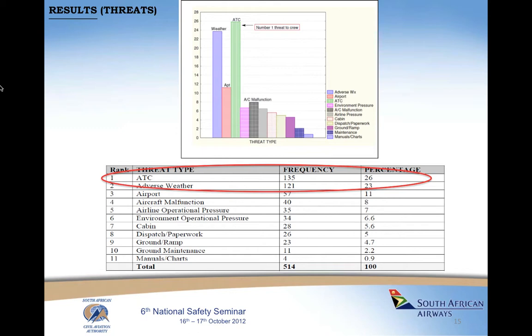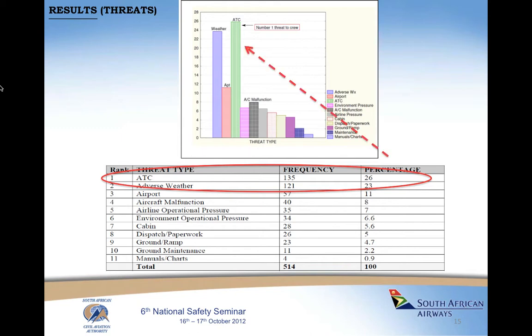This includes challenging clearances, late changes, ATC errors, language difficulty, non-standard phraseology, radio congestion, runway change, similar call signs, etc. Thereafter, adverse weather such as crosswind, tailwind, gusty conditions, high winds aloft, icy conditions, IMC, thunderstorms, turbulence, and wind shear, followed by airport threats, examples of which would be airport construction, runway contamination, lack of or faded signage or markings, difficult departure arrivals, faulty malfunctioning nav aids such as the ILS or PAPIs.